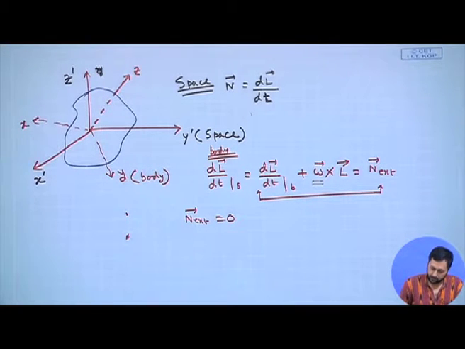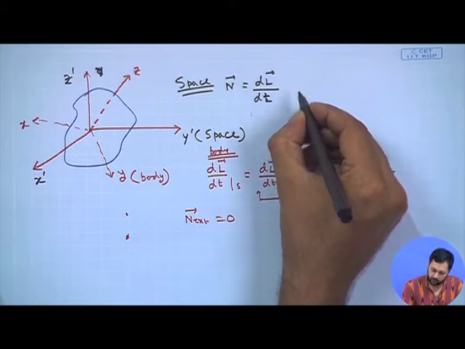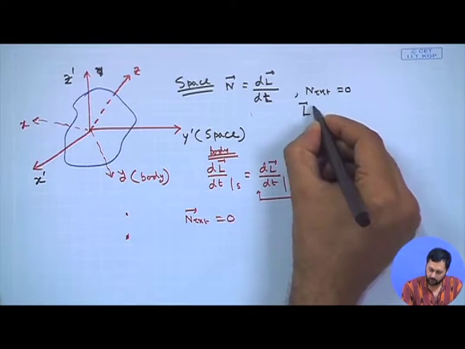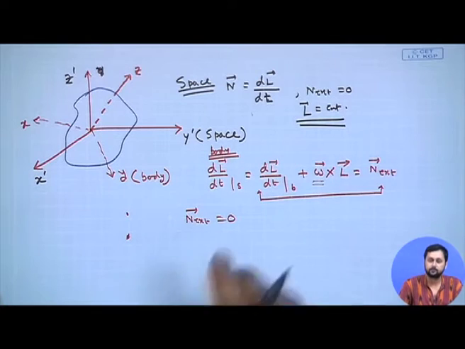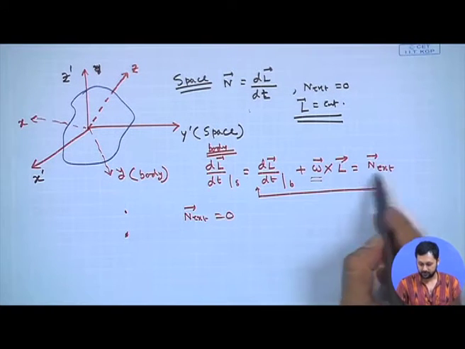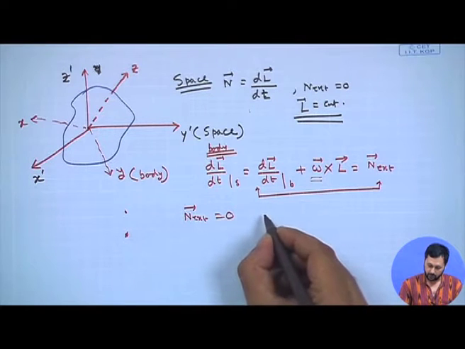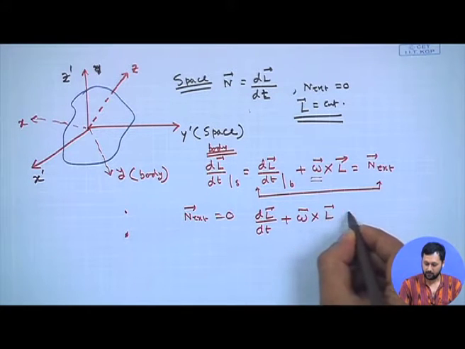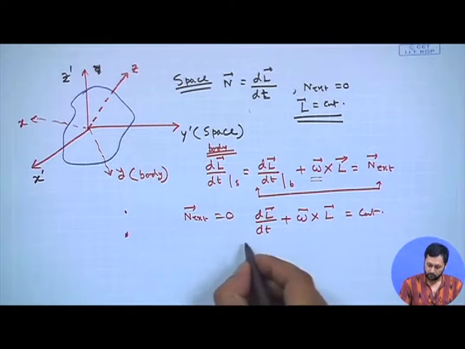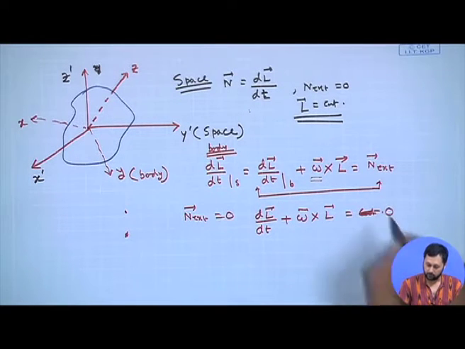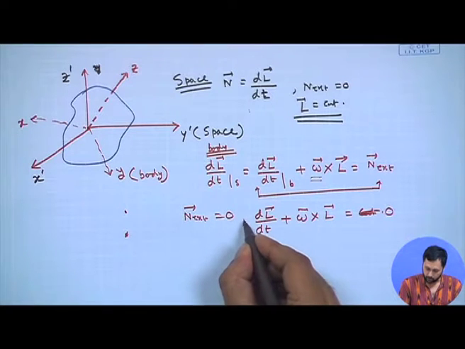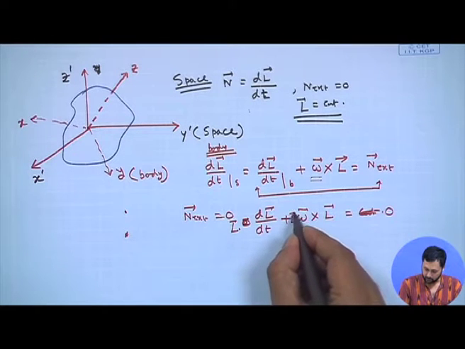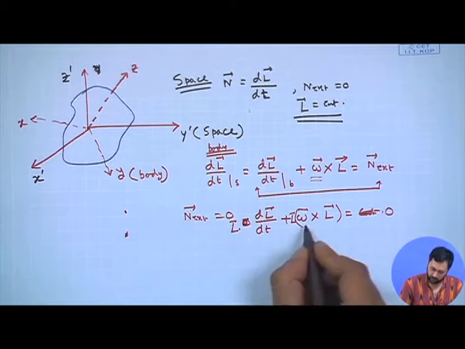If we set n external equal to 0, the first equation tells you that L is equal to constant. But for the second equation, if I set n external equal to 0, we get dL/dt plus omega cross L equal to 0. Now we can take the dot product with L from the left hand side.